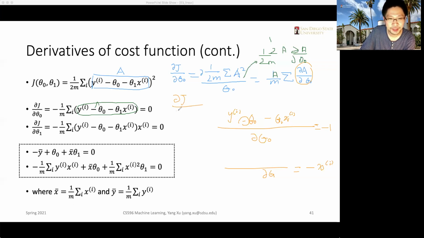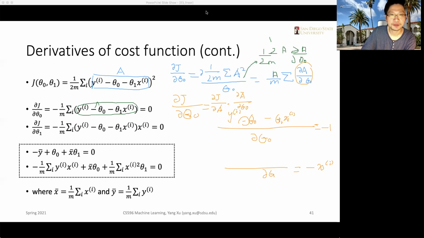So applying the chain rule, the derivative with respect to theta 0 is decomposed into two parts, times big theta 0.